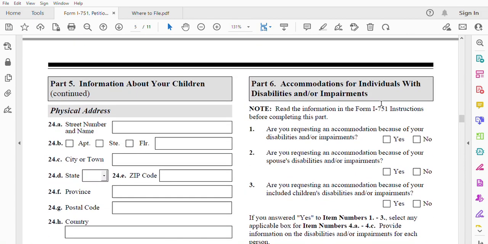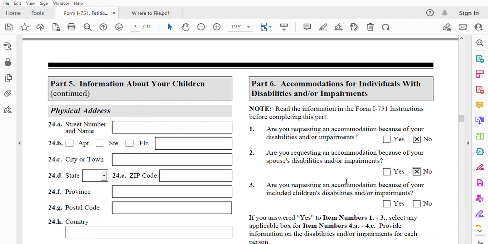Now Part 6, accommodations for individuals with disabilities and/or impairments. Read the information in the Form I-751 instructions before completing this part. Are you requesting an accommodation because of your disability or impairment? In my case, no. Are you requesting an accommodation because of your spouse's disability or impairment?